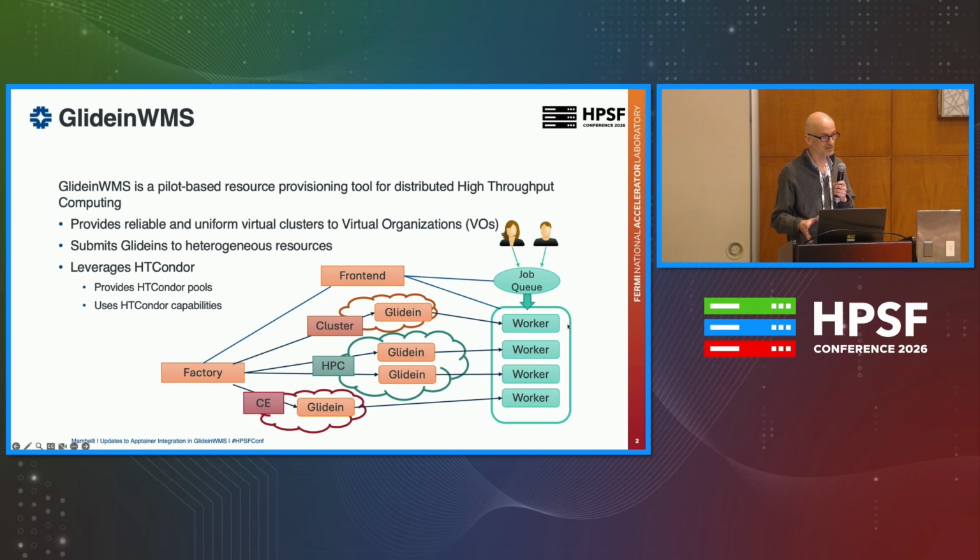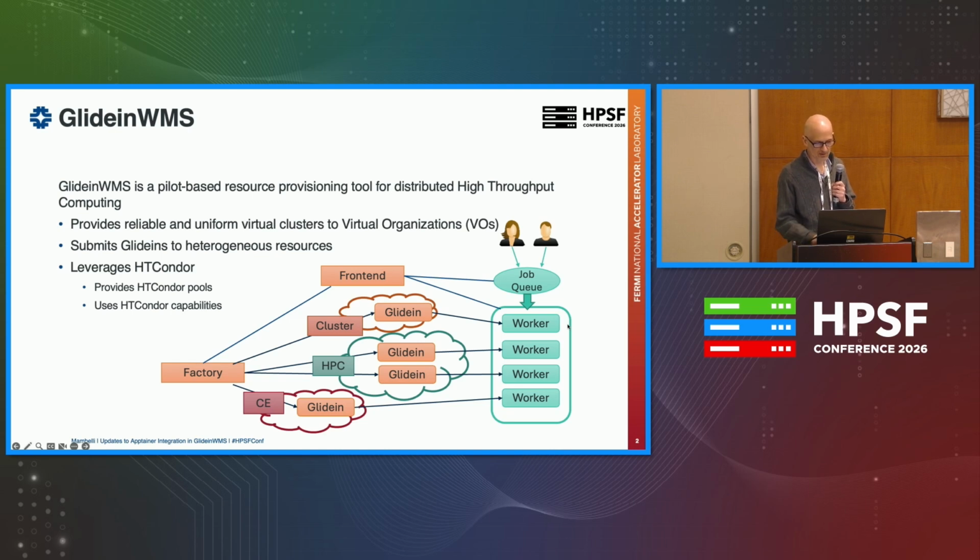This one is testing the resources and using different tools to provide a uniform environment, including Apptainer as a container runtime. This is leveraging Condor, both to submit to the resources and then to provide the final cluster.